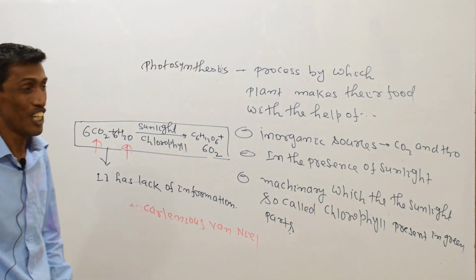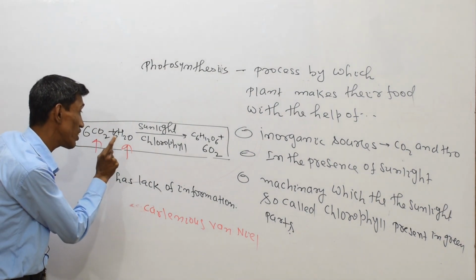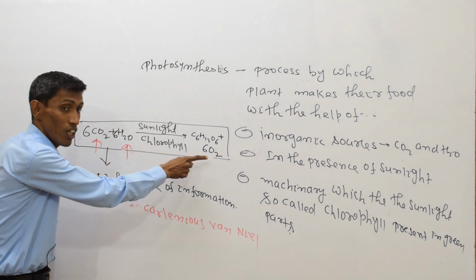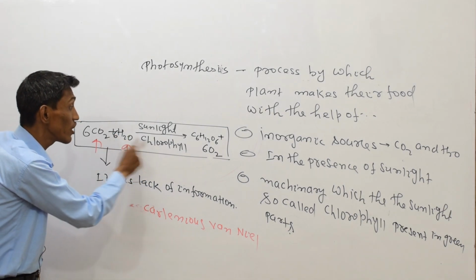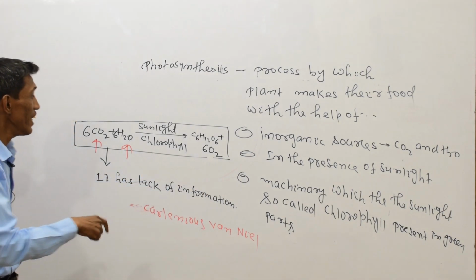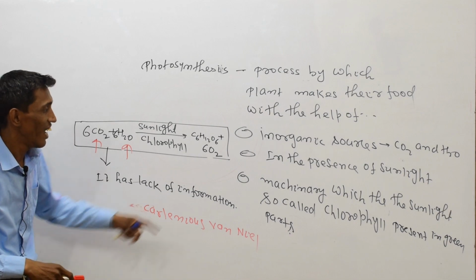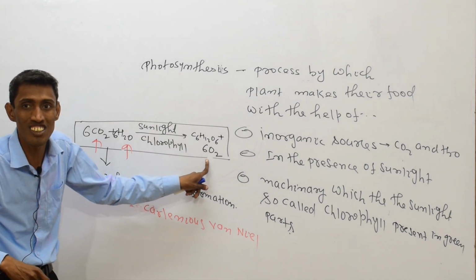Because if the oxygen of water is responsible for releasing the oxygen here, then it has 6 oxygen and here it has 12 oxygen. So how?